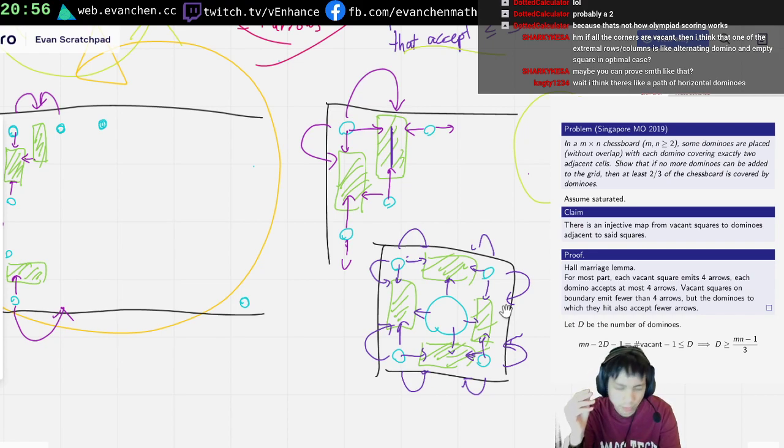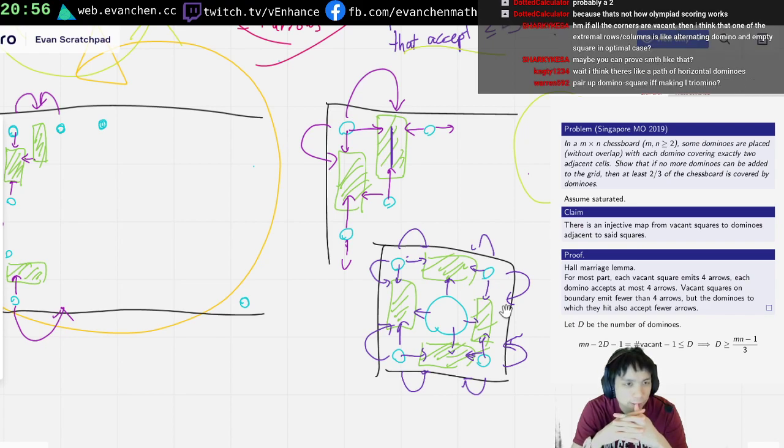If I can prove also that none of the dominoes poke inwards, then I can do this horrendous thing where I induct by deleting the border. But I can't even prove that none of the dominoes point inwards either.